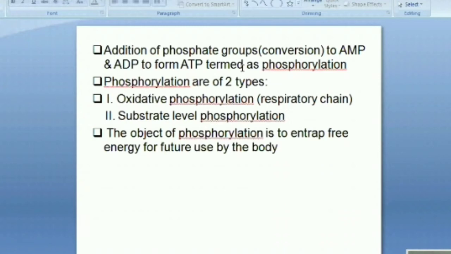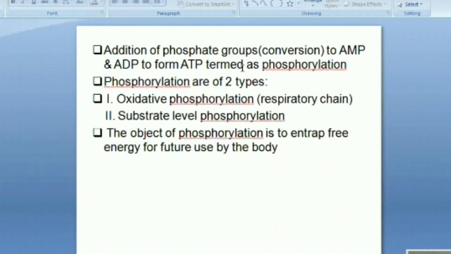And these phosphorylations are of two types, basically. Oxidative phosphorylation that occurs in the respiratory chain, releasing the bulk of the energy. Okay, and it can also occur at substrate level. Is it clear? That is also called substrate level phosphorylation.